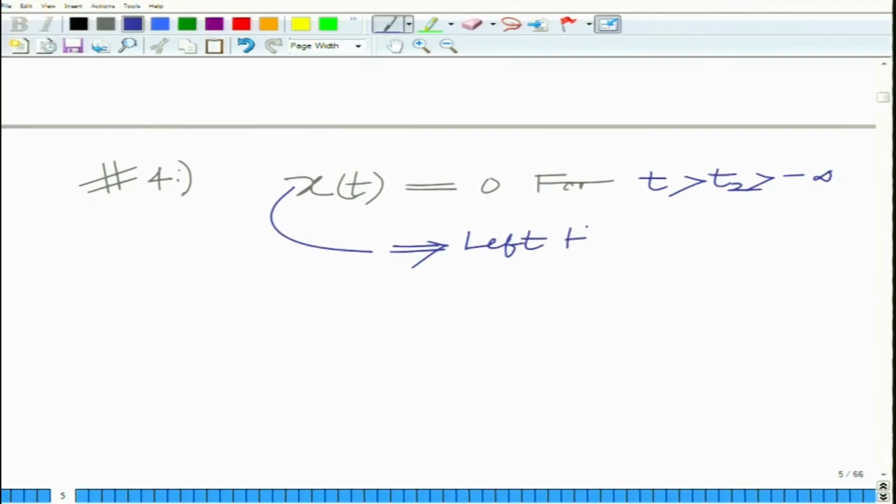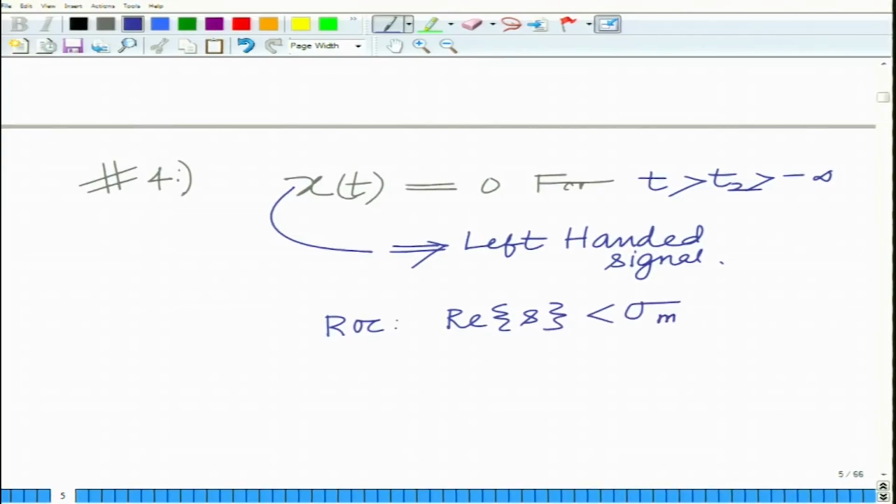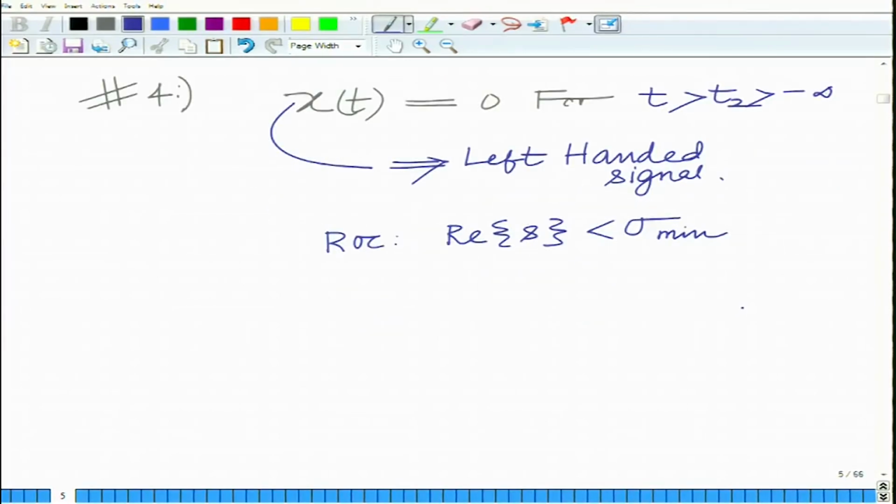This is termed as a left handed signal, and the ROC of this is of the form real part of S less than sigma min, where sigma min is the minimum of the real part of the poles of X of S. It is opposite of the right handed signal.